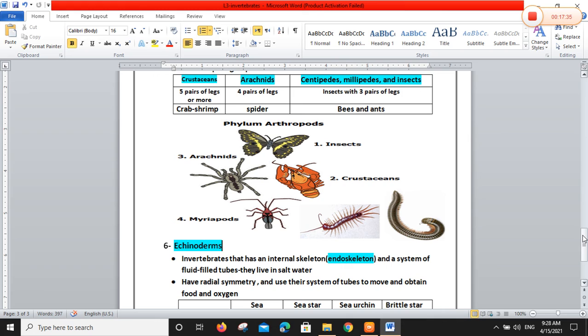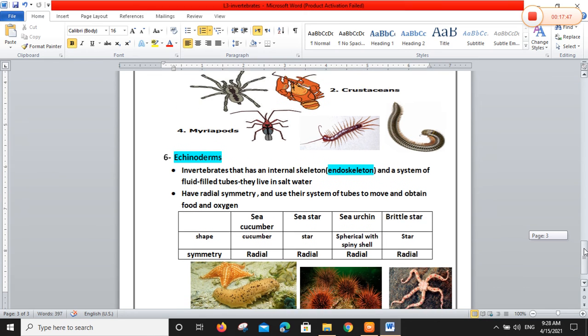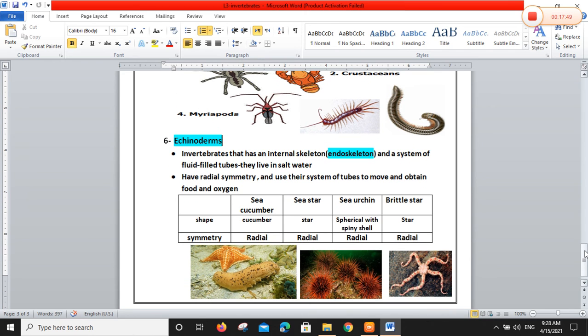Spiders, bees, insects, beetles, all these live on earth. Echinoderms, mainly all types of echinoderms, live in water. Remember starfish, don't forget starfish, an echinoderm.